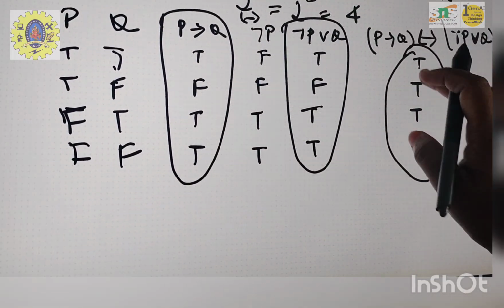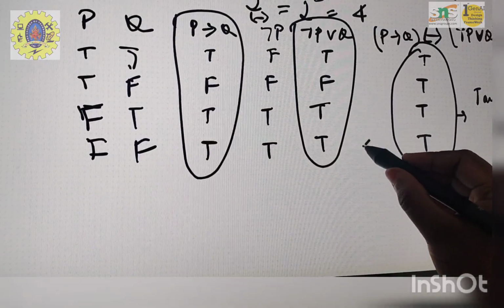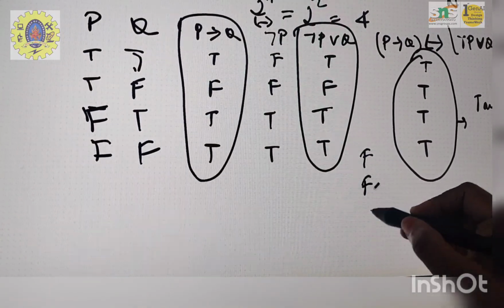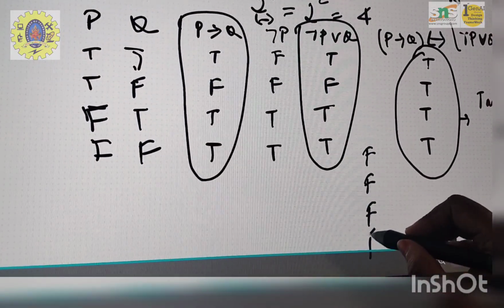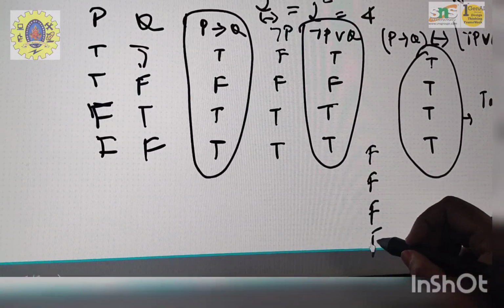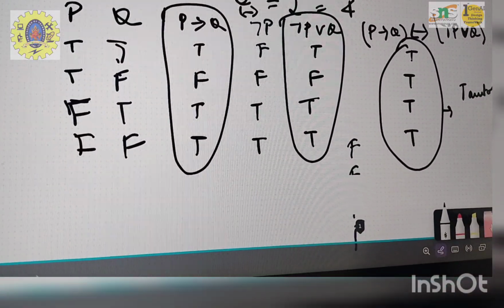If we get all the values as false, false, false, false, then it is called a contradiction.